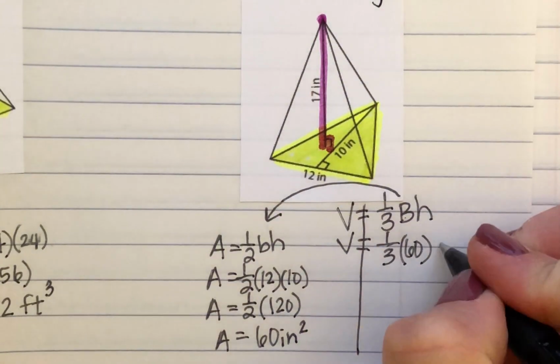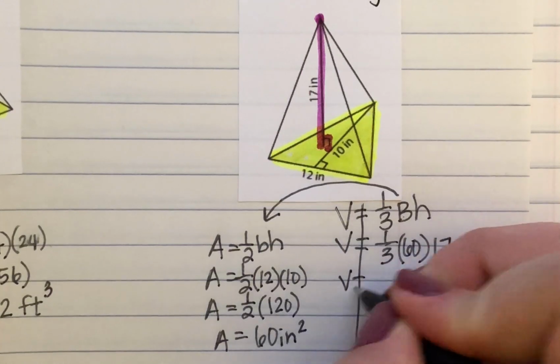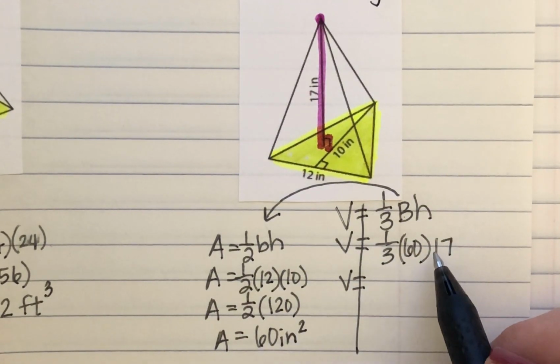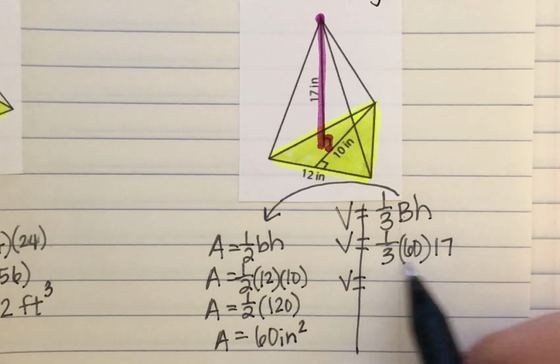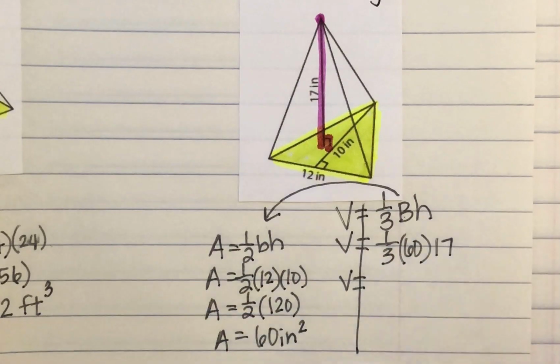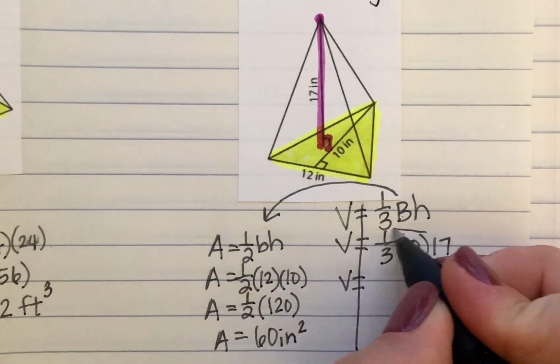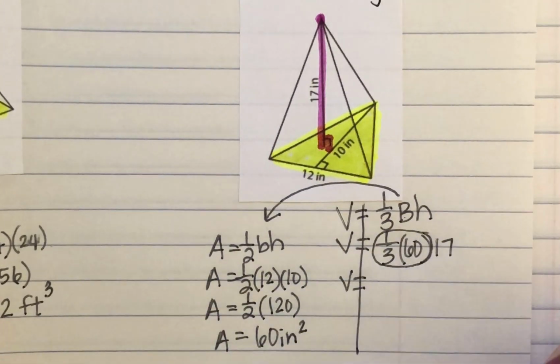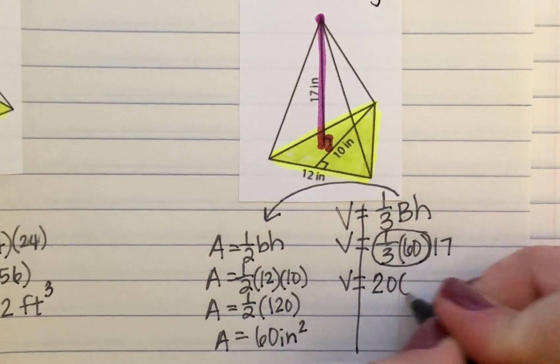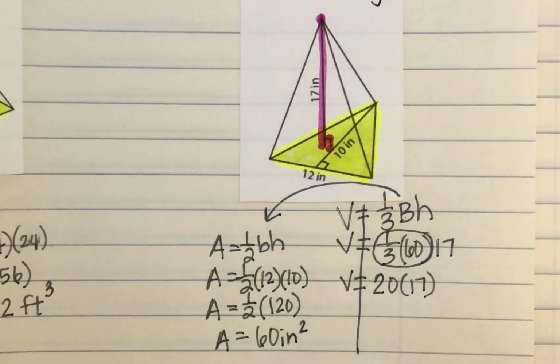Absolutely going to be 17. So let's talk about order of operations here. This is all multiplication, which means you can do that in whatever order you want to. In my mind, I'm going to get rid of this 1/3 first. I can take 1/3 of 60 pretty easily. That gives me 20, and then all I have to do is multiply that times 17.